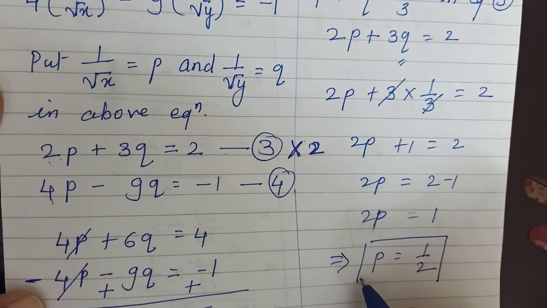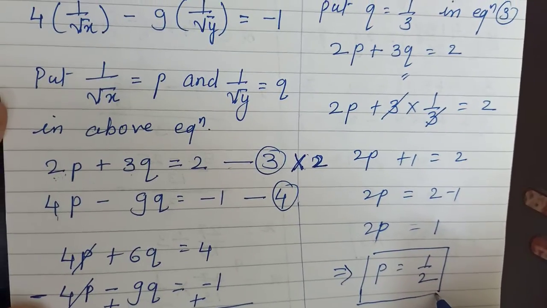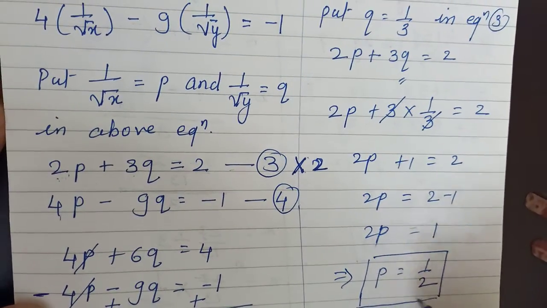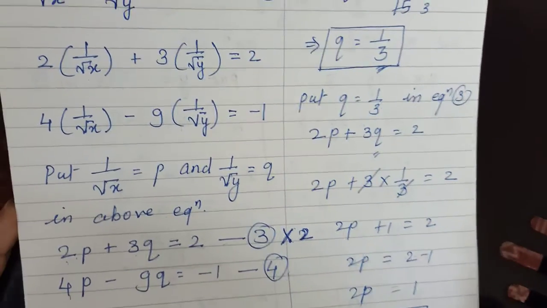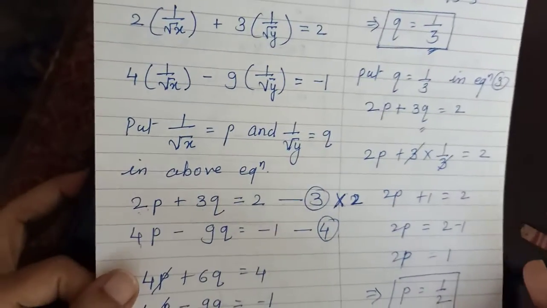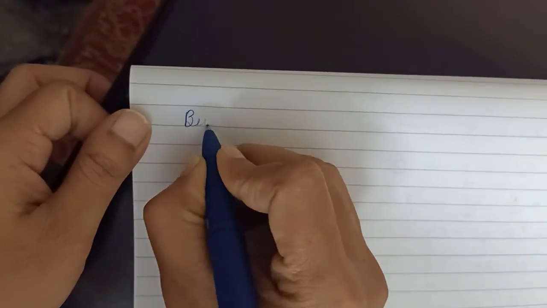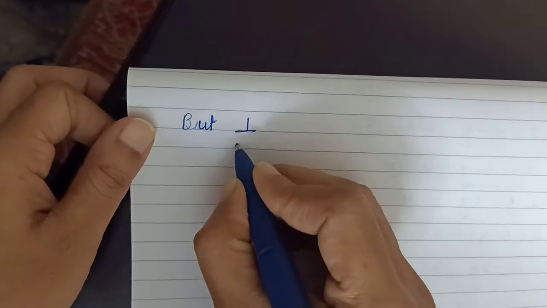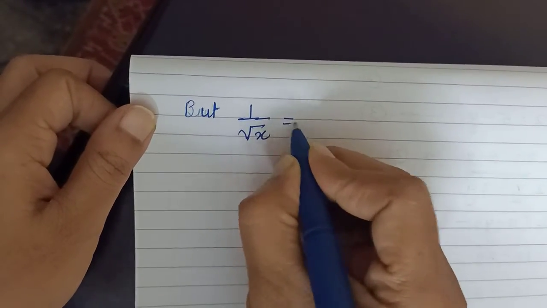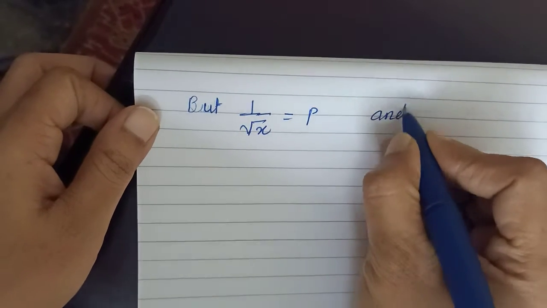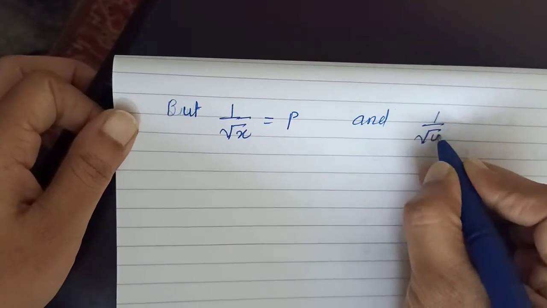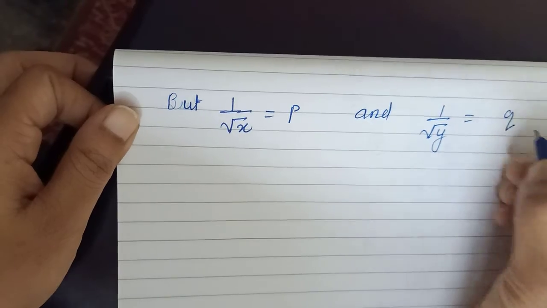So we have the values of the variables p and q that we chose to reduce the equation, but the values of x and y are something different. So we will write: 1 upon root x is the value of p, and 1 upon root y is the value of q.